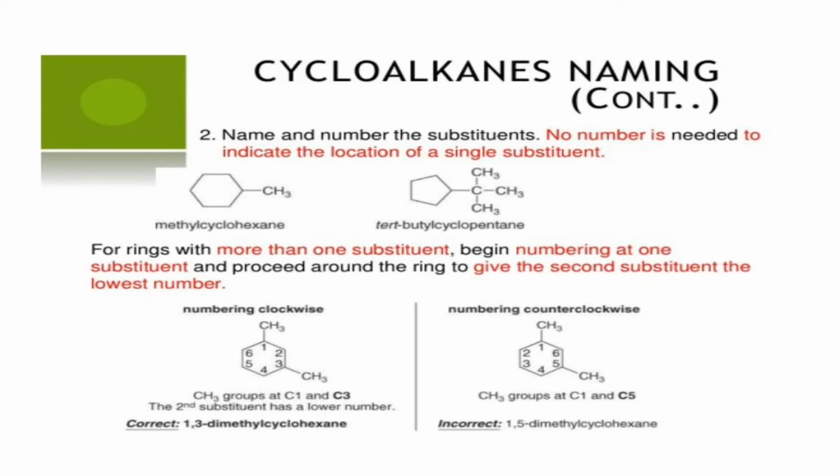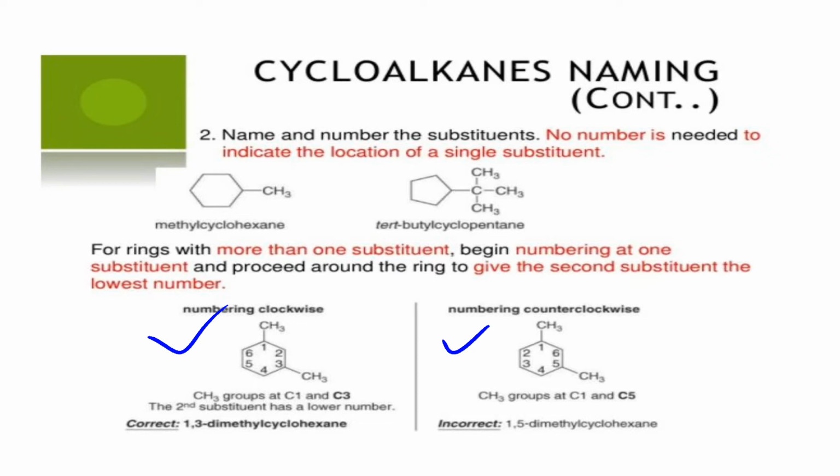We can number in the clockwise or anti-clockwise direction. Therefore, for a ring with more than one substituent, begin numbering at one substituent and proceed around the ring so the second substituent gets the lowest number.